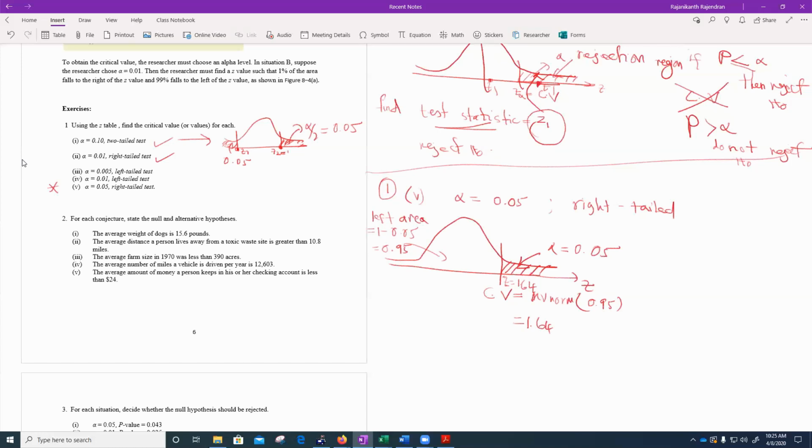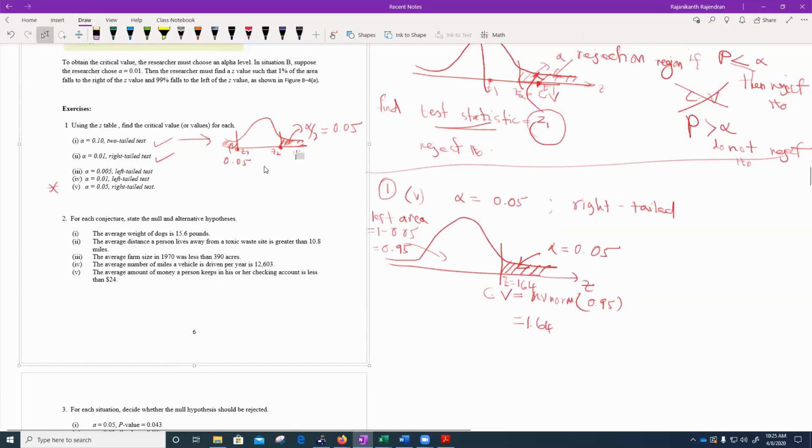Therefore, this is inverse norm of 0.95.